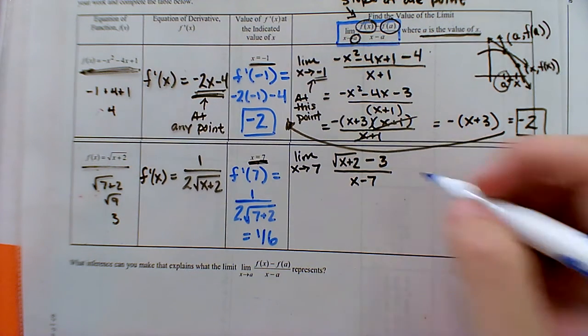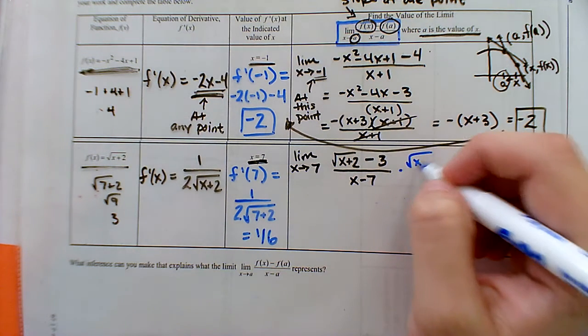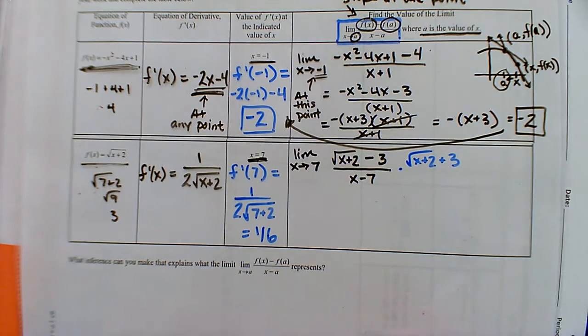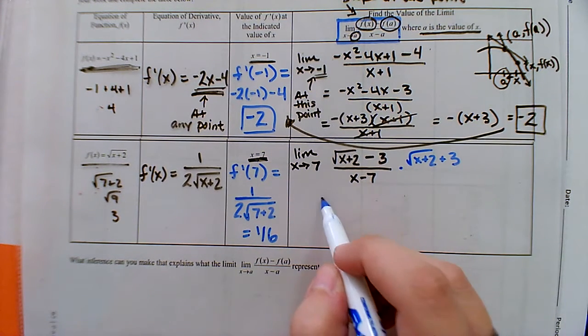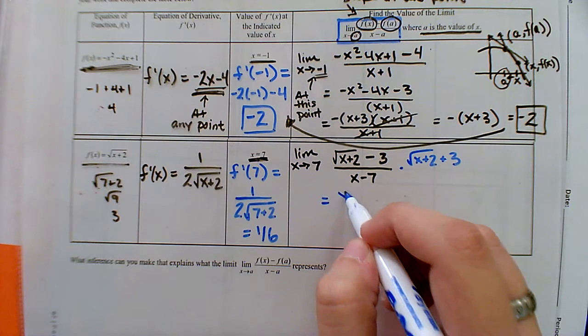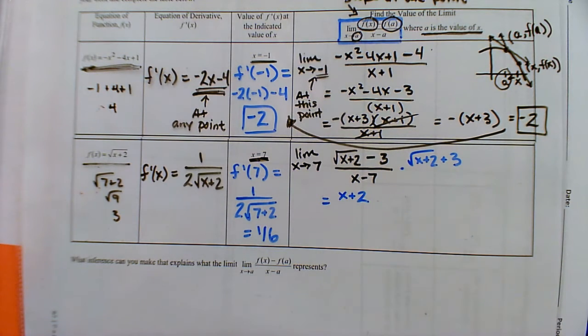Yeah. Multiply by the conjugate. Let's use a conjugate. All right, so this would be the square root of x plus 2, plus 3. We're going to multiply that on top and bottom. If we multiply it up top, the square roots cancel each other out, so we're left with just x plus 2. When you use a conjugate, the outside and inside terms already cancel each other out, so there's no need to show that work.